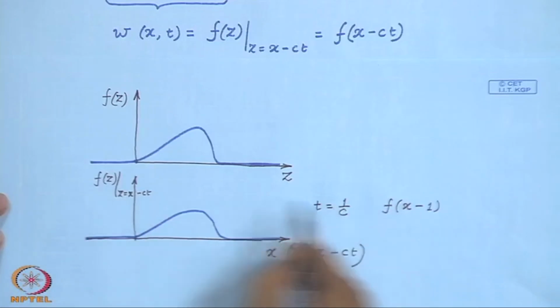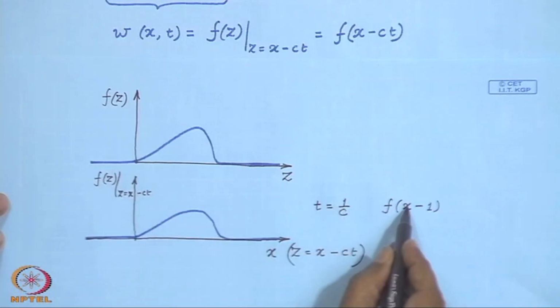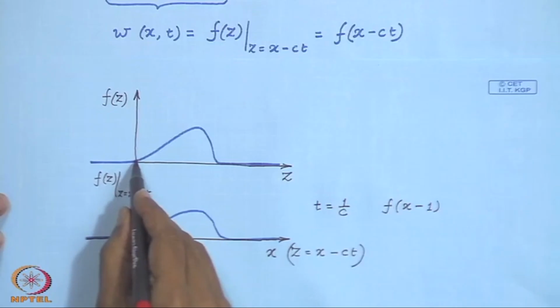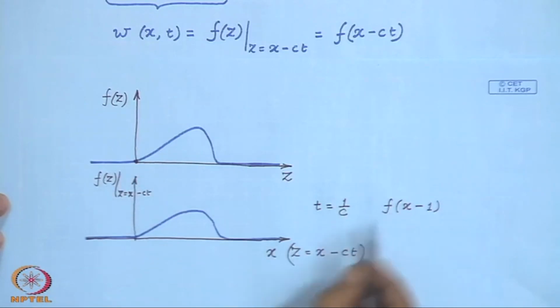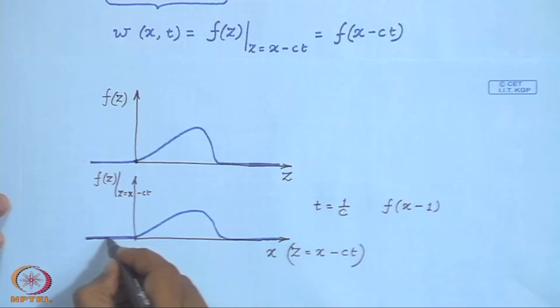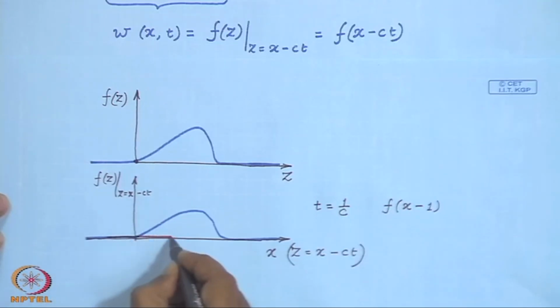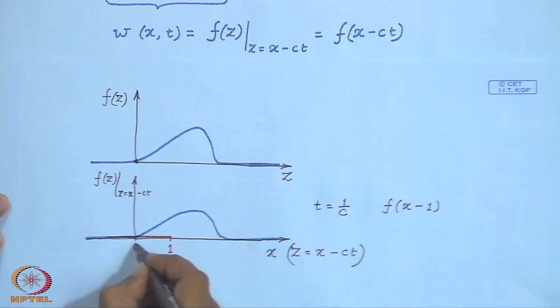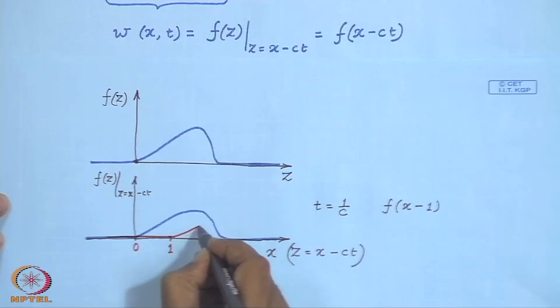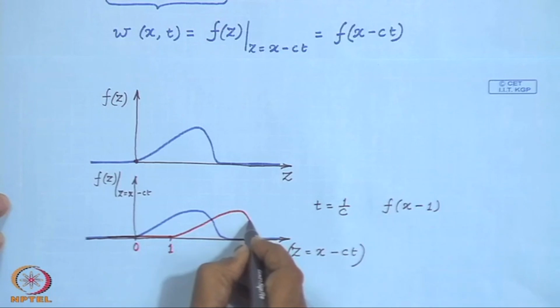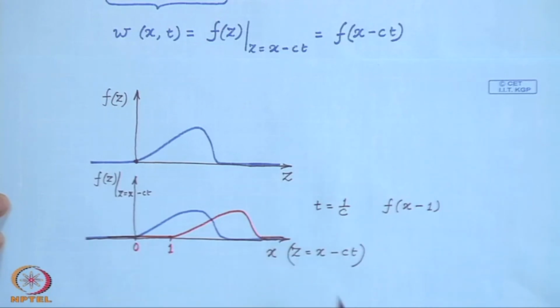Therefore, you find that the value at z equal to 0 now occurs at x equal to 1. Therefore, this pulse has moved a certain distance towards the right.